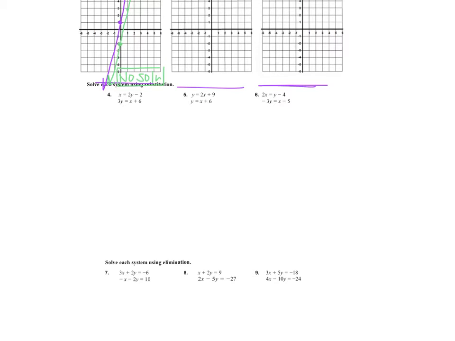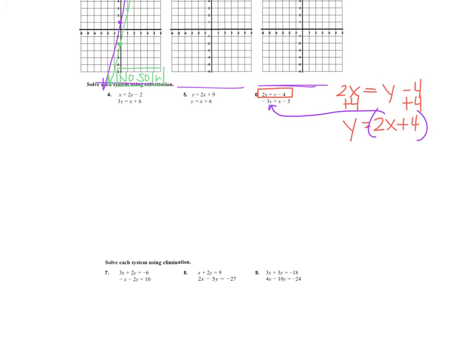So I'm actually going to do number 6 with you so we can figure out the best way to isolate a variable here. I would probably do the top equation and solve for y. So if right now it's 2x equals y minus 4, I would just add 4. So y is equal to 2x plus 4. That way I can take that, 2x plus 4, and put it in place of the y in our second equation.